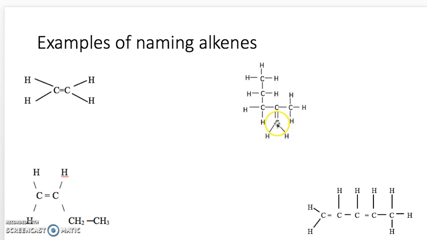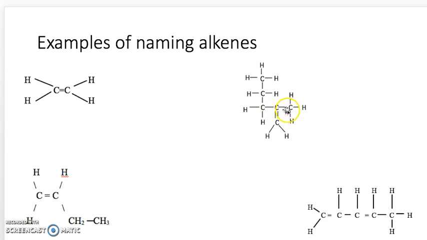That's first position, so the alkene is on carbon 1, so it's 1-pentene. And then we need to describe if there's any methyl groups and any cis-trans isomerism. There's no isomers here because on one of the carbons there's no substituents, so we can't have a cis-trans isomer here.